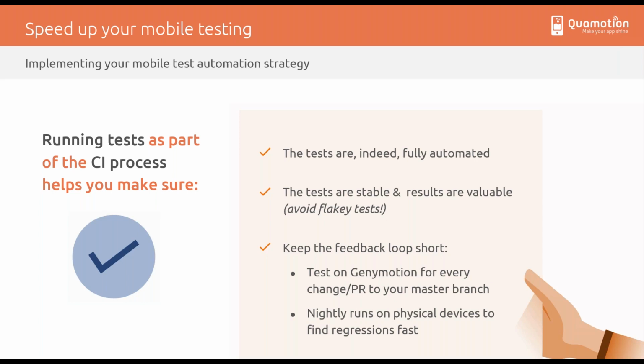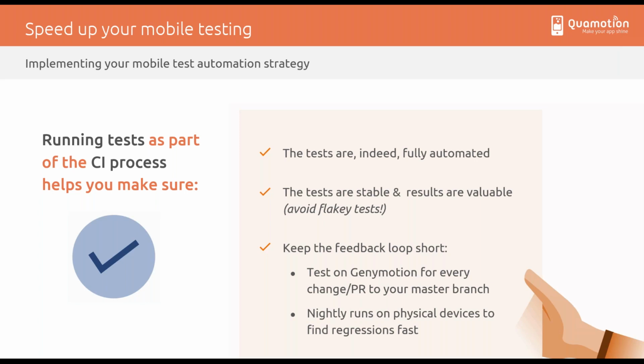And having your tests automated through a CI, continuous integration process, is really important to avoid flaky tests, because you can't avoid tests failing due to unexpected behavior, for example, network disconnection or server unavailability. So the most important step is to be able to identify real test failures due to an application bug.